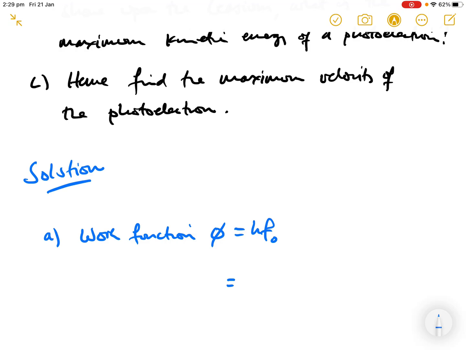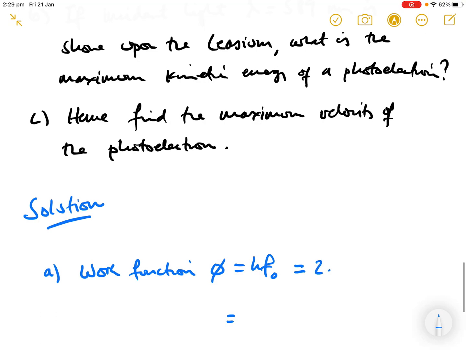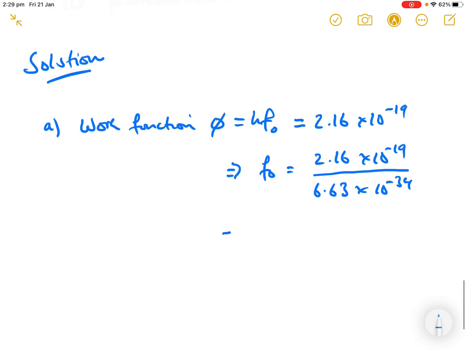So if we work that out, then we know that the work function is 2.16 times 10 to the minus 19. So that implies that f naught is 2.16 times 10 to the minus 19 divided by Planck's constant, which you get from the data table. There we are.